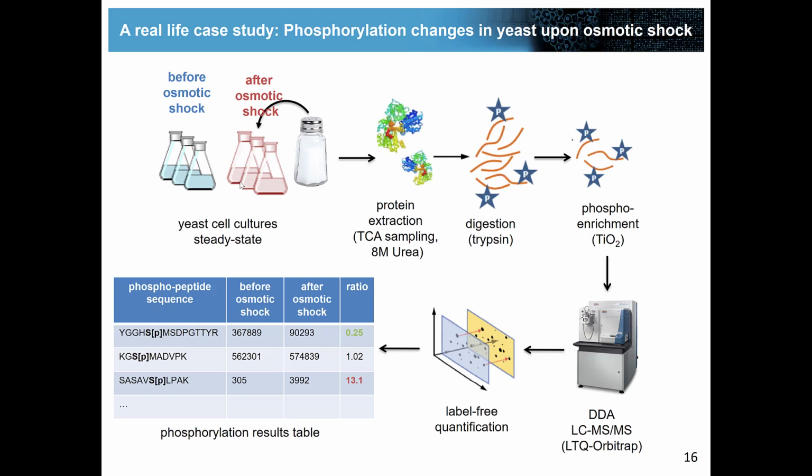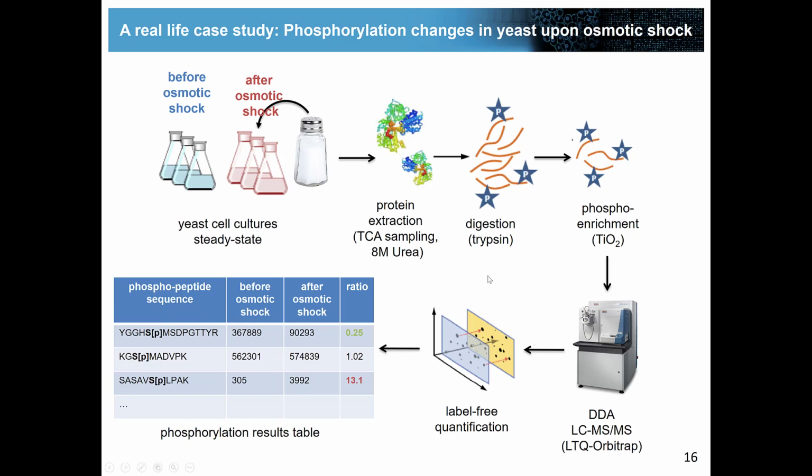So what I did at that time was to perform the standard phosphoproteomic workflow that we had established in the lab. I sampled my yeast cells with the trichloroacetic acid protocol, TCA, and with 8 molar urea in my extraction buffer.